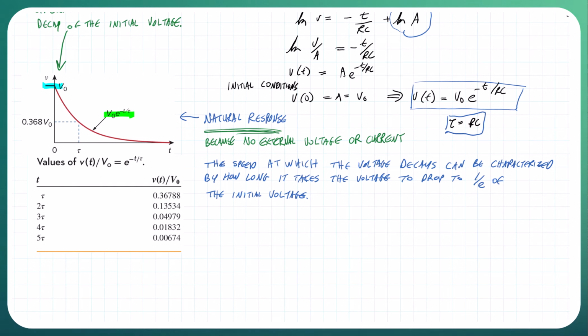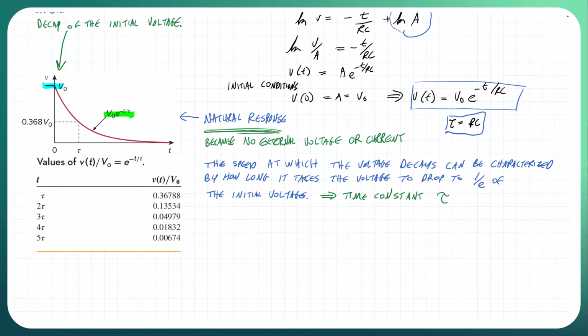All right. And this is going to be called the time constant, and it's represented by tau. And if we select 1 over E as our reference voltage, then tau equals RC.